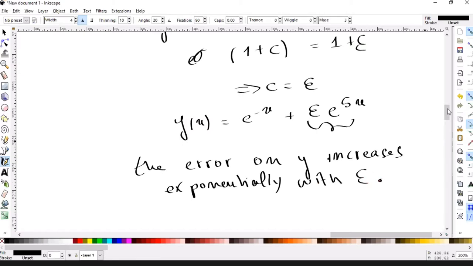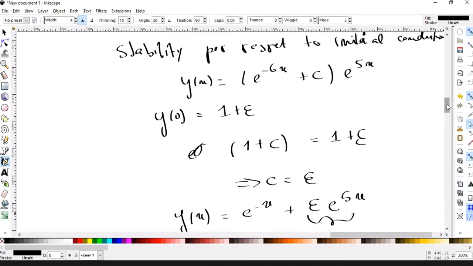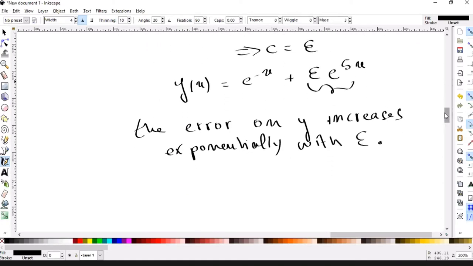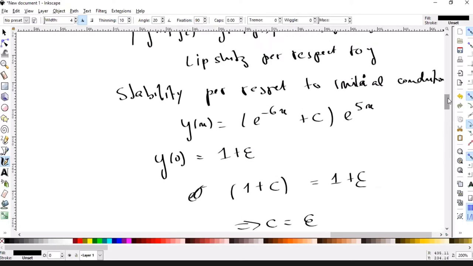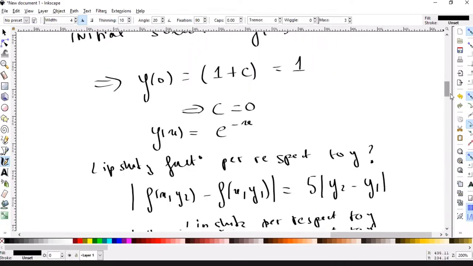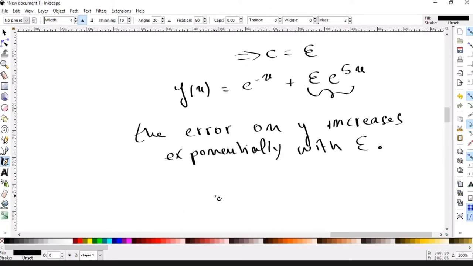So this problem is very challenging to solve numerically. We will try to solve this problem numerically, and we will see that the solution will diverge with x. So when x increases, the solution will differ from the exponential minus x significantly.